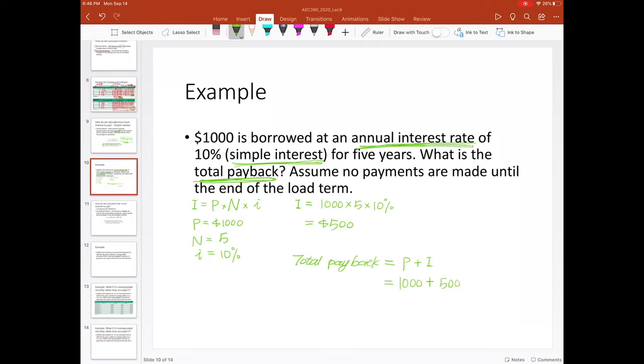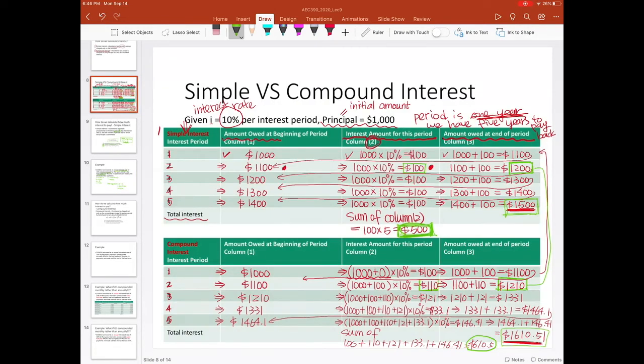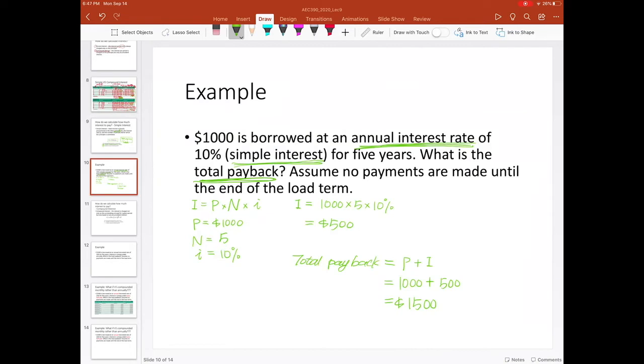I, we just calculated, is 500. So the total payback is 1,500. Let's go back to check this. This is the 1,500 you owe at the end of the 5 years. That's exactly the same, but you get the answer much quicker, right? So in the future, when you already understand the difference between compound and simple, you can just use the equation.